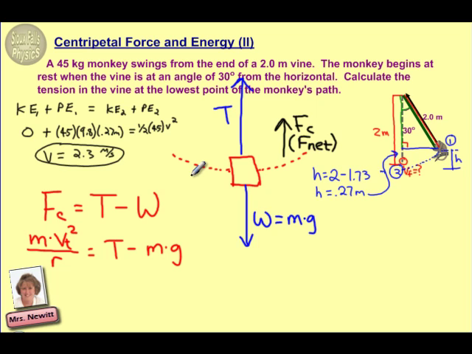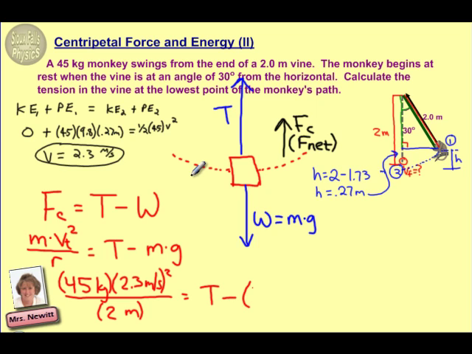Now again, we can start plugging in numbers that we know. The monkey has a mass of 45 kilograms. Earlier we calculated the velocity at that point as 2.3. The radius of the circle is the length of the vine, that's 2 meters. Our tension is our unknown, and weight can be found by taking his mass of 45 and multiplying it times 9.8 for gravity.